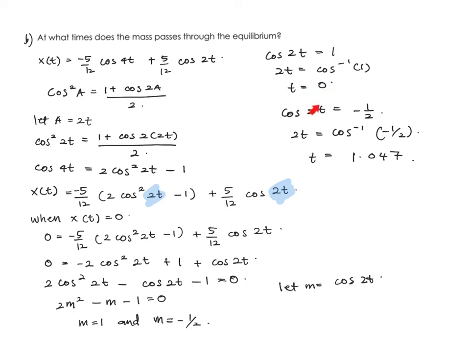When m equal to negative 1 over 2, t equal to 1.047. So the times that the mass passes through the equilibrium are when t equal to 0 and t equal to 1.047.